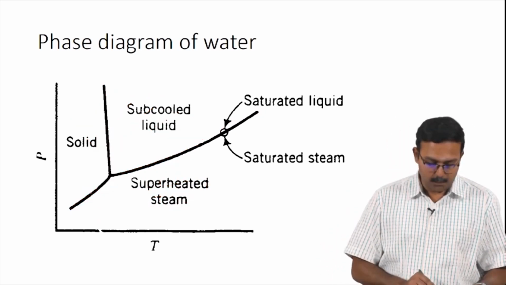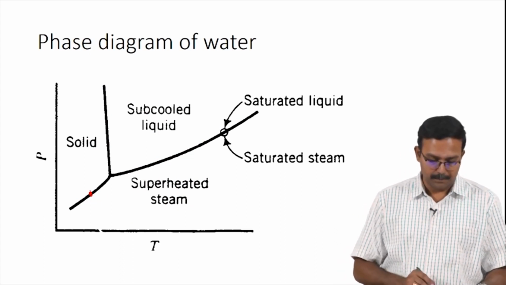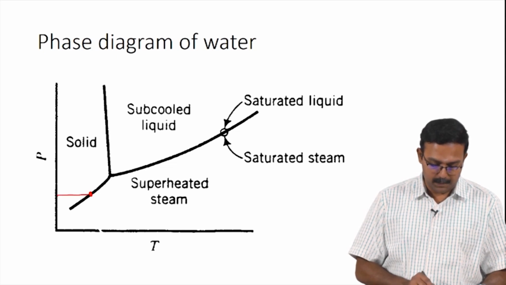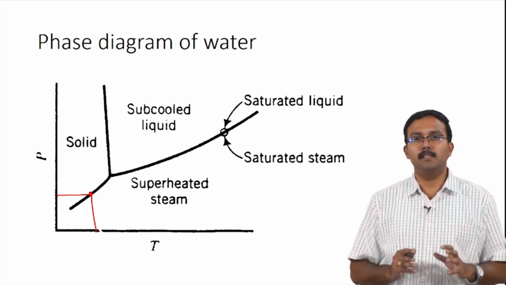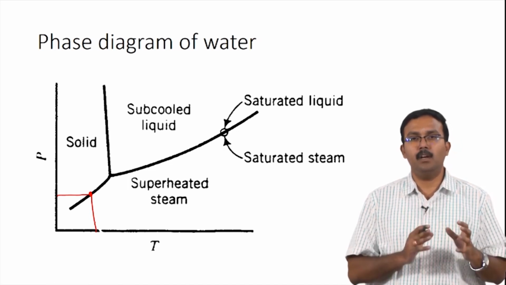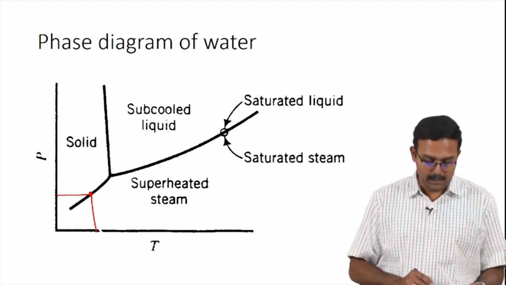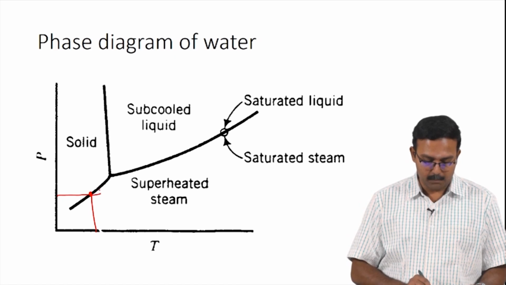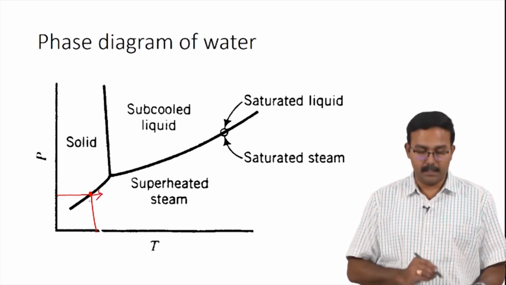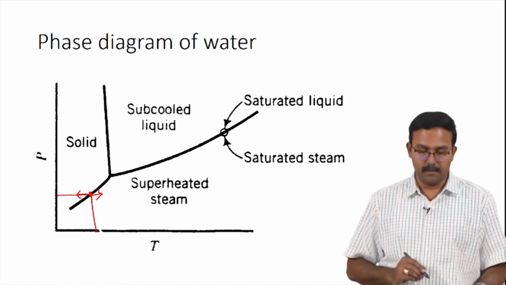Let us take this point which is on the solid-vapor equilibrium. Here, at this particular pressure and temperature, you have water existing in the form of solid and vapor in equilibrium. If you increase the temperature, it will move towards superheated steam, whereas if you decrease the temperature, it will move towards a solid.